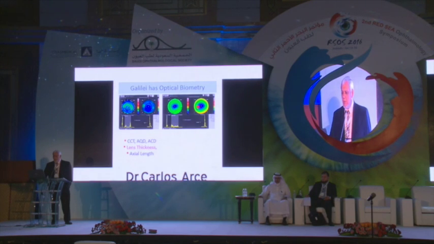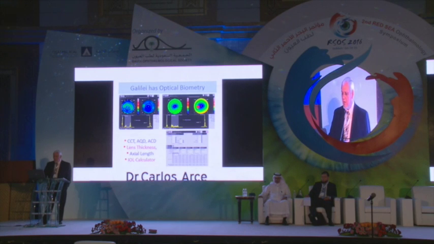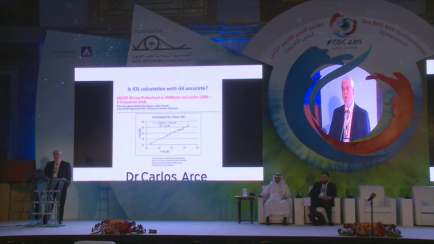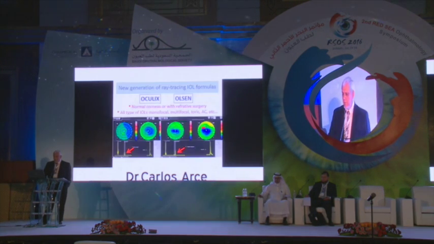And Galilei finally has optical biometry, where we can see the lens thickness, the CCT, the AQD, the ACD, the axial length, and it has an IOL calculator. The biometry is very accurate, and there are already papers comparing the axial length with the IOLMaster and the LenStar, and the IOL power also.